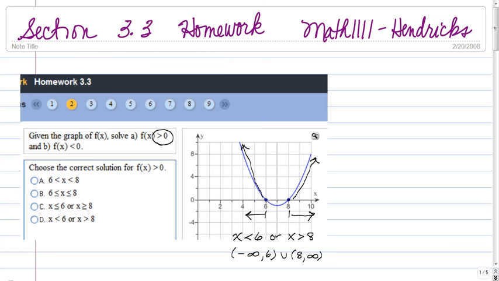So for part B, it is less than 0 in the region between the 6 and the 8. So we would say where x is between 6 and 8, or in interval notation, just parentheses 6, comma 8. Okay?